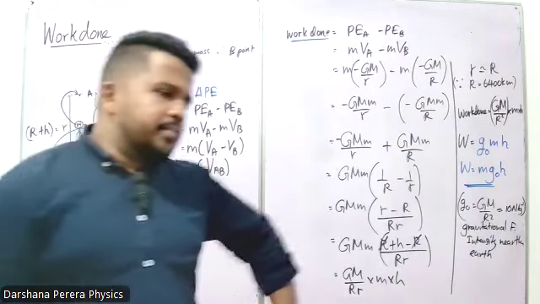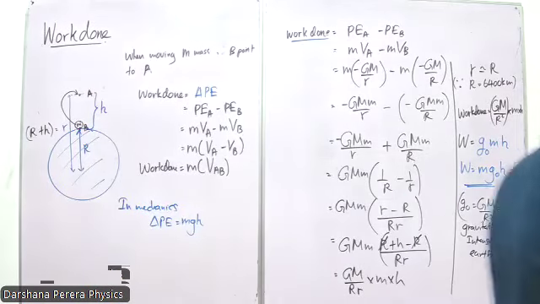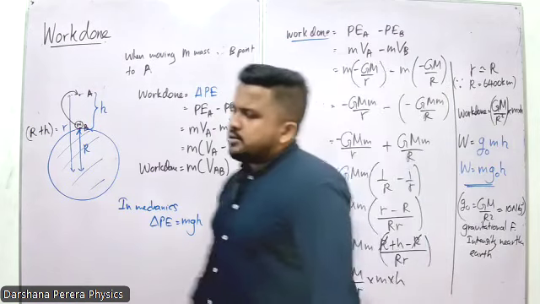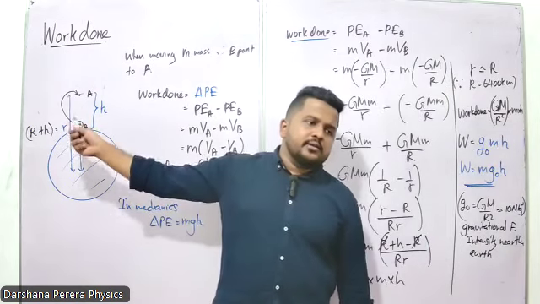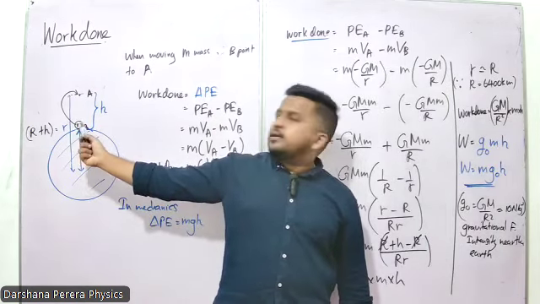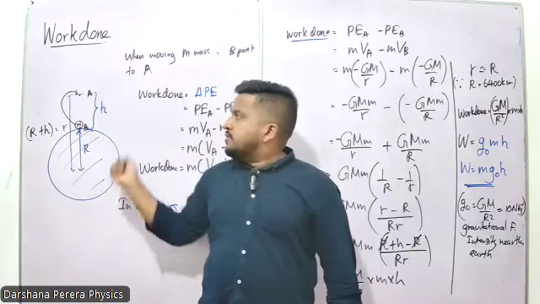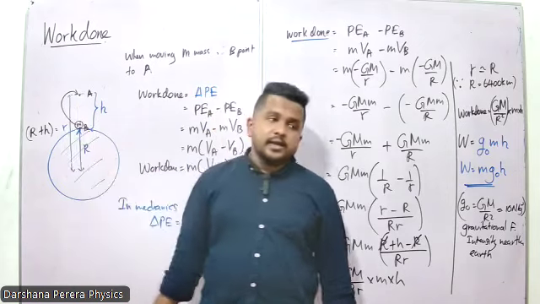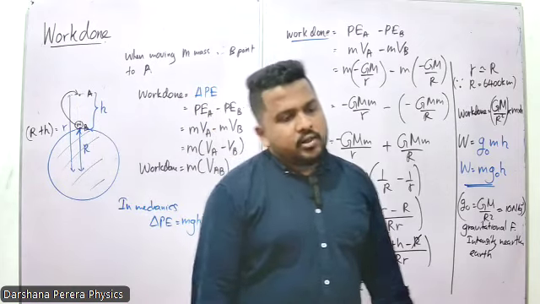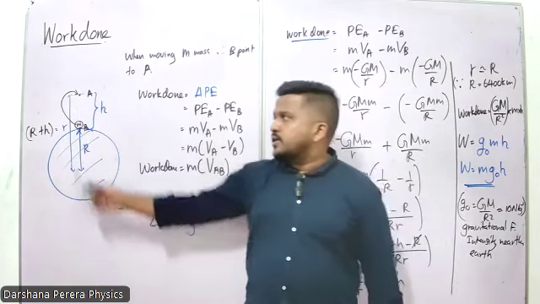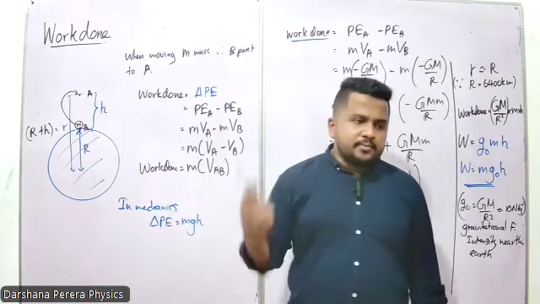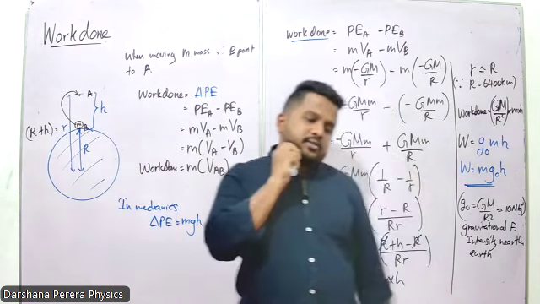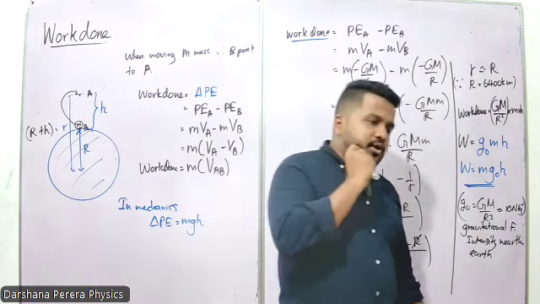But work done, so work done is depend on the path. Is that depend on the path? No. Why? When we are taking the mass into the another way and getting to the A, in all the cases we have to done work done similar to the previous one. So work done not depend on the path, only depend on the locations.